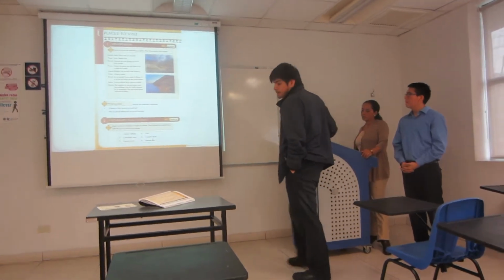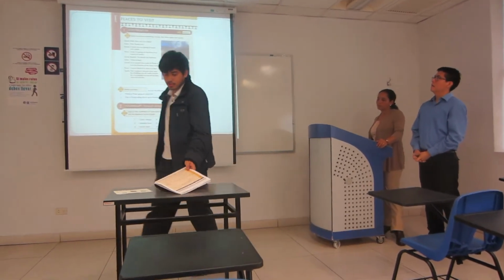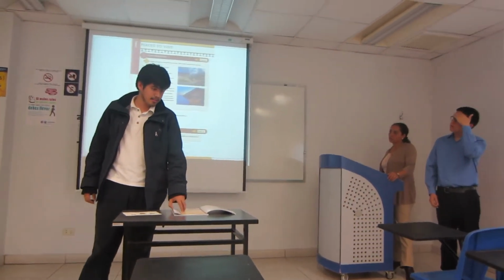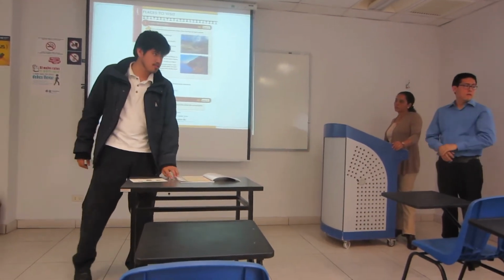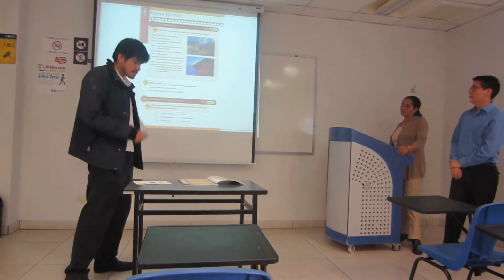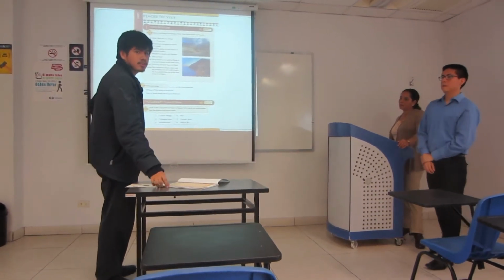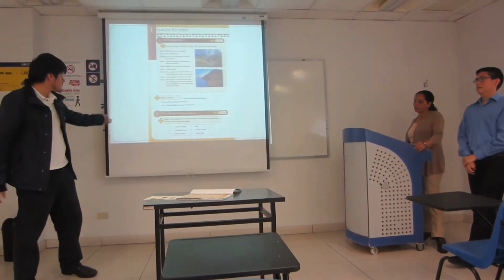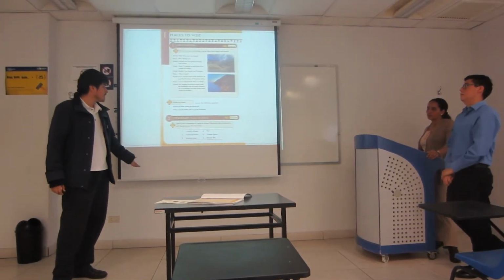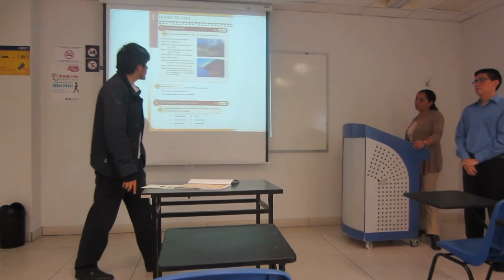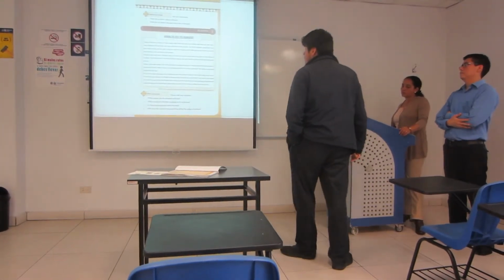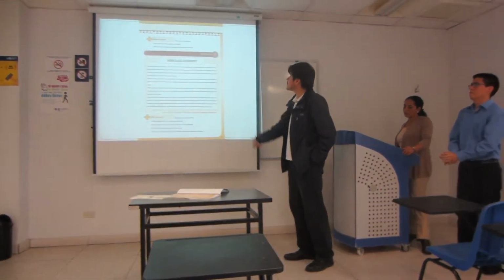Each unit is divided into the reading and three lessons. The first lesson contains a dialogue, as you can see here, with questions, vocabulary and a little bit of grammar. This is an image of the reading part.